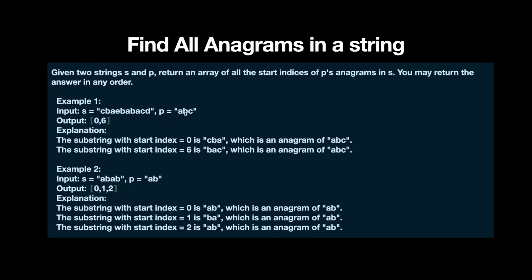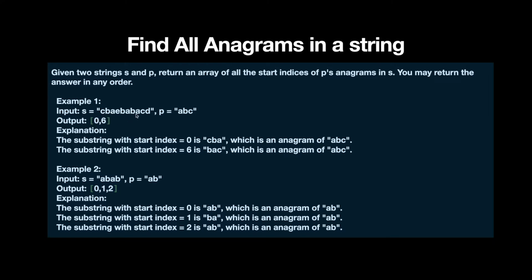For this P, we have to return an array of indexes of S wherever we find an anagram of P. So for ABC, let's say CBA is an anagram of ABC because it has the same characters, and the frequency is also the same. So we will insert index 0 because at index 0 we are getting an anagram, right?